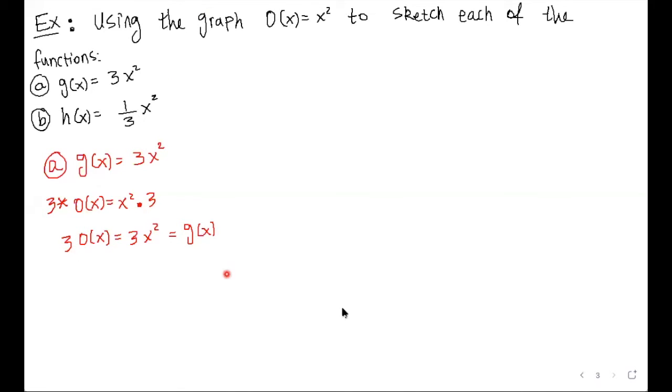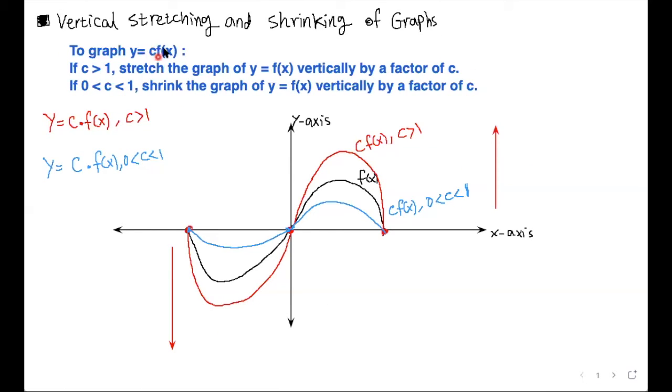The 3 is outside. Now we check c to know if it is stretching or shrinking. The c here is 3, and 3 is greater than 1. This means we do stretching for the graph of the original one.